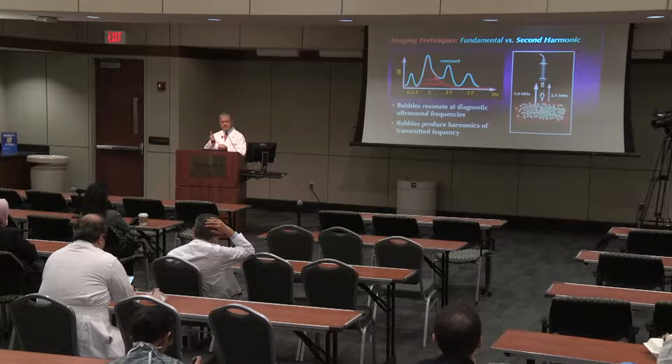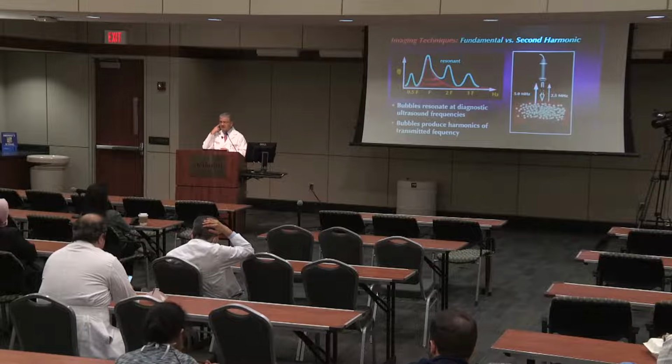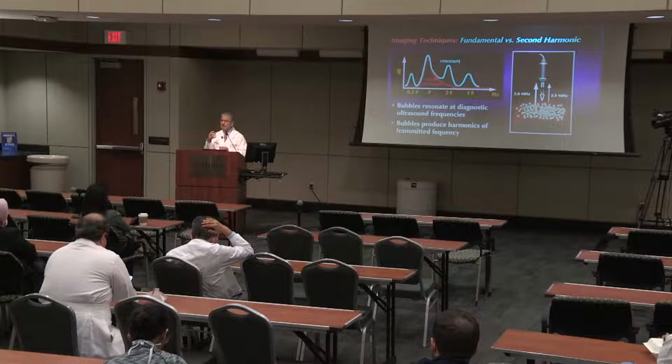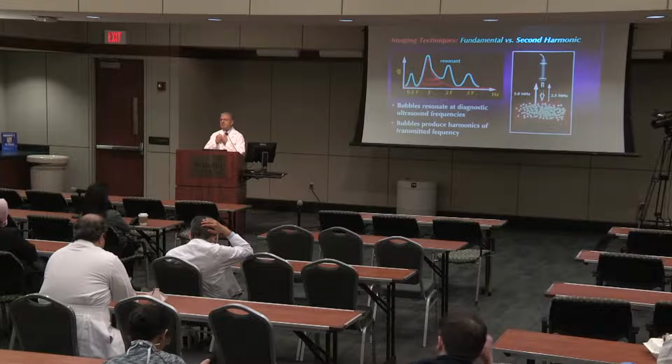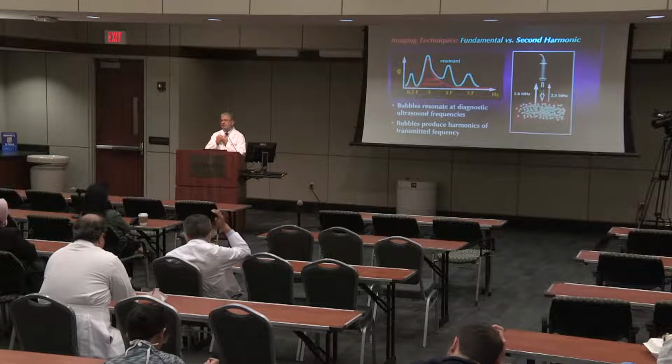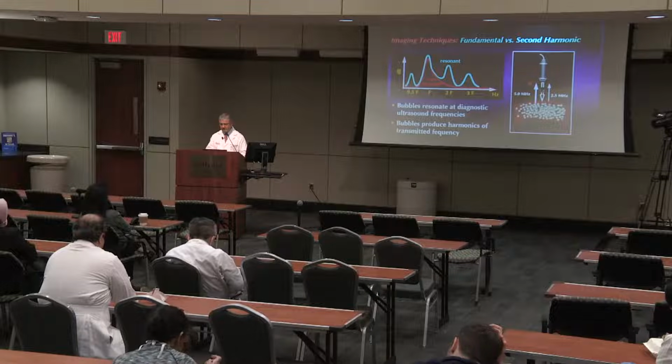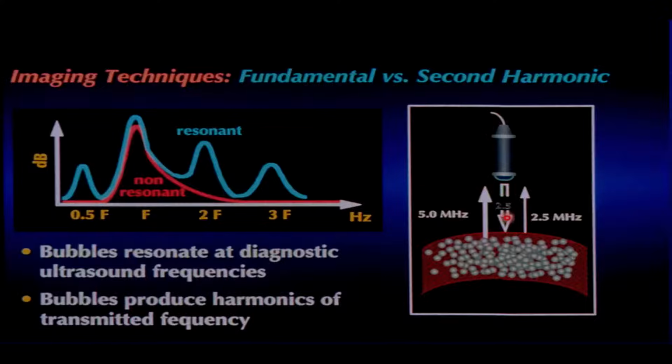So I emit at 2.5 and I listen at 5. Why? Because I'm going to listen mostly to what is coming back from these resonant structures, which is contrast. This is illustrated here on the right side. 2.5 is the emitting frequency. These bubbles will emit 2.5 in addition to a 5, which is a stronger signal.